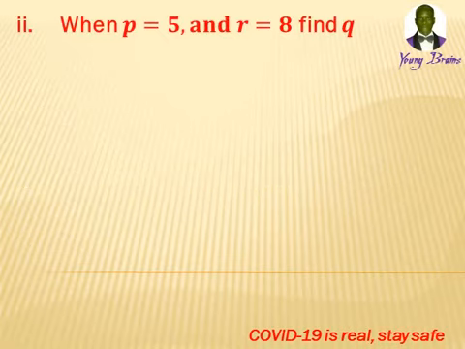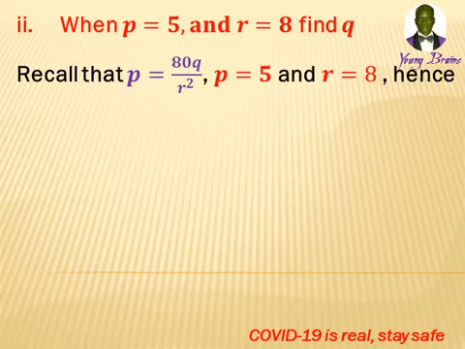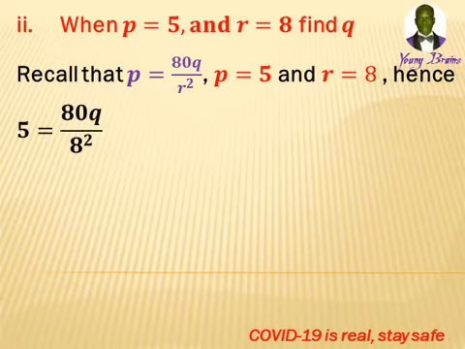Roman figure 2. Find q when p equals 5 and r equals 8. Recall that the relationship between them is given as p equals 80q divided by r squared. Now we have p equals 5 and r equals 8. To find q, we substitute for the values of p and r.